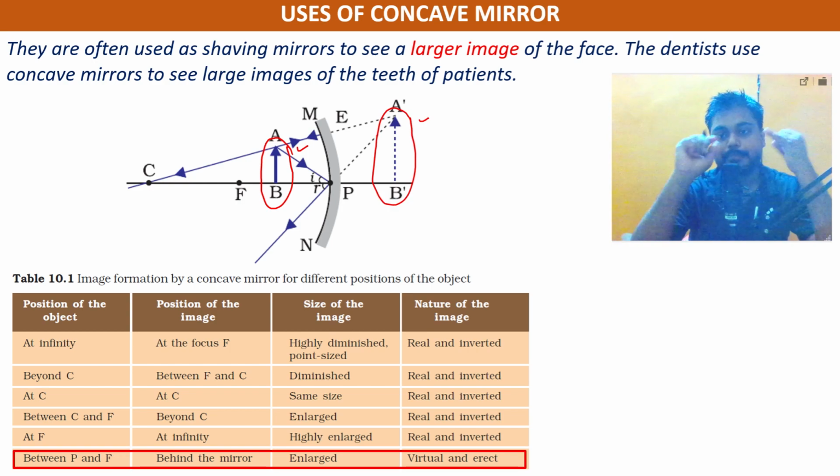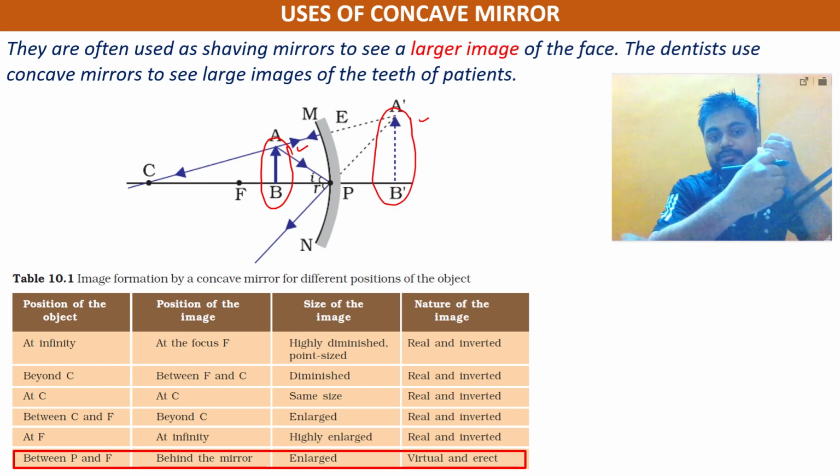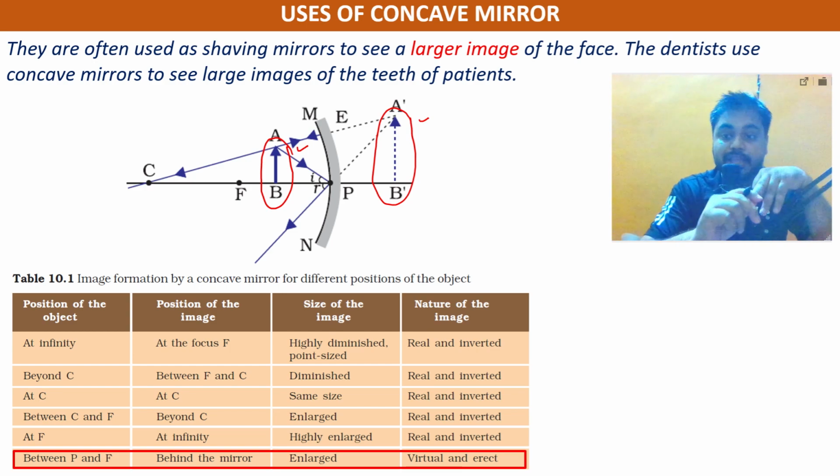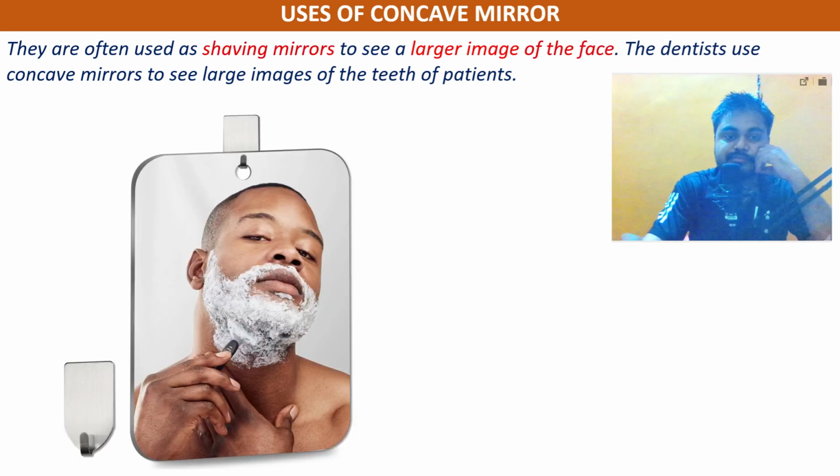In the case of a plane mirror, the object forms an image which is erect, but of the same size. In the case of a convex mirror, it is of a lesser size, it is diminished. But in the case of a concave mirror, it is enlarged.